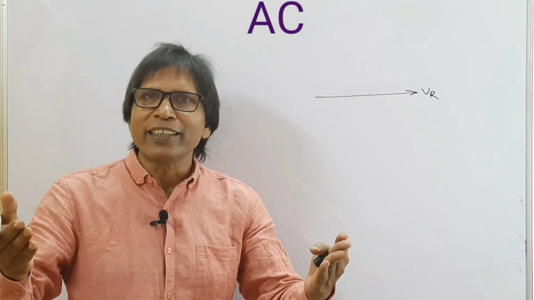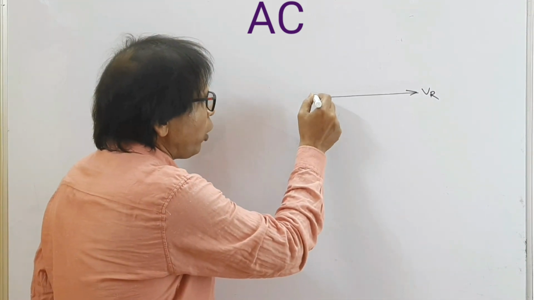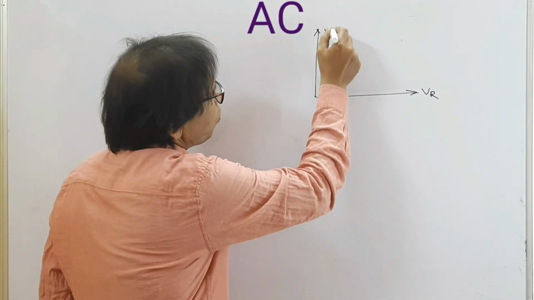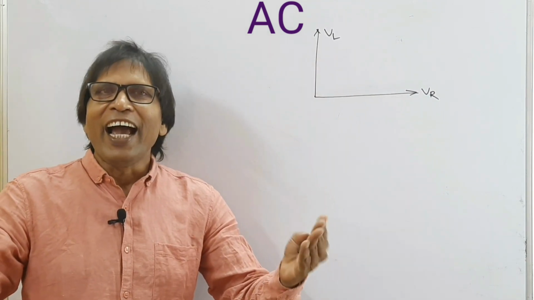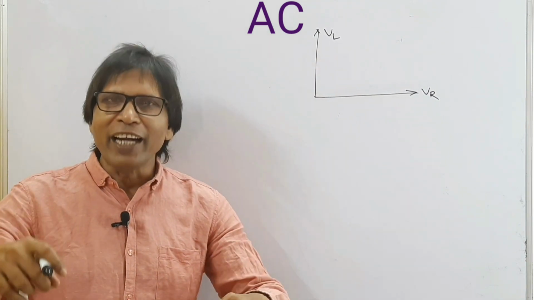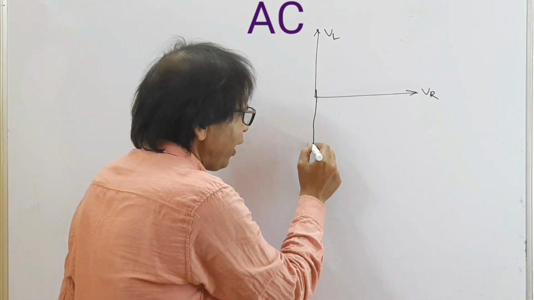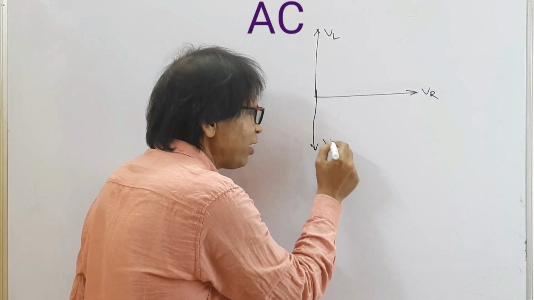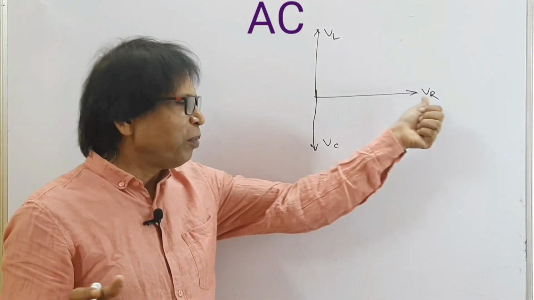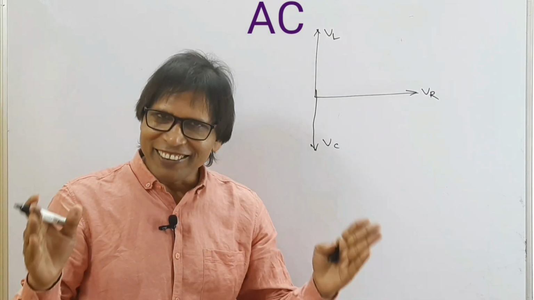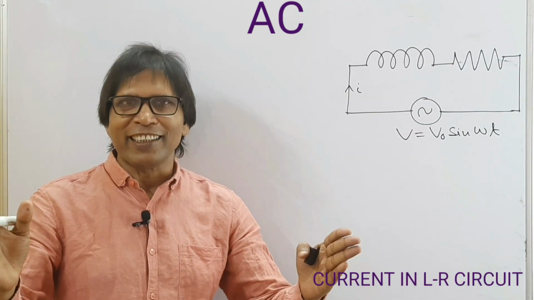As inductive voltage leads the current by pi by 2, VL should be represented along the positive y-axis, and capacitive voltage lags behind the current by pi by 2, so VC can be represented along the negative y-axis. This is the phasor diagram of VL, VR and VC. Understood?